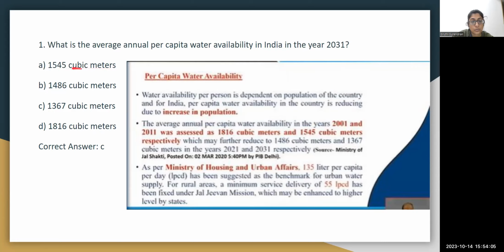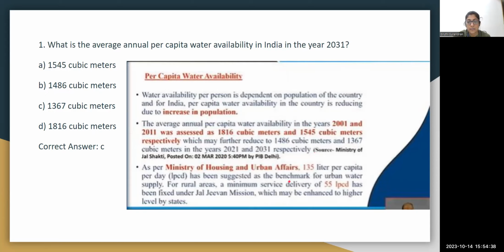This value was for 2011. 1367 is the per capita water availability for 2031, and 1486 is for 2021. So these are the per capita water availability estimated for various years: 2001, 2011, 2021, 2031. And this is given by the Ministry of Jal Shakti.